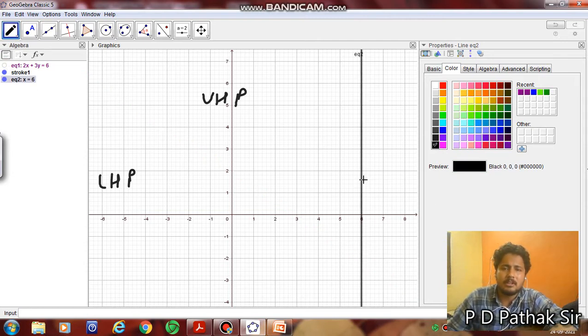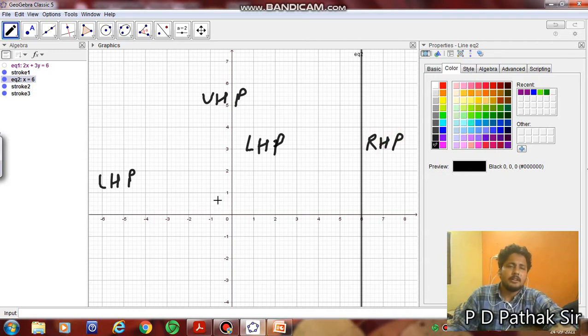If I am taking a vertical line in the Cartesian plane, then this line will divide this whole plane into two parts, and this part is called left half plane and it is called right half plane.